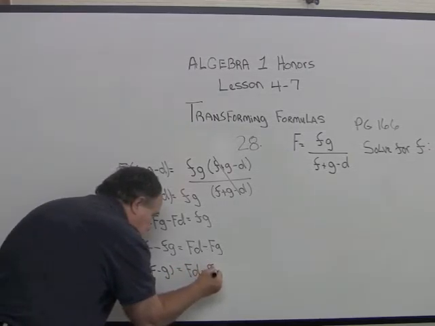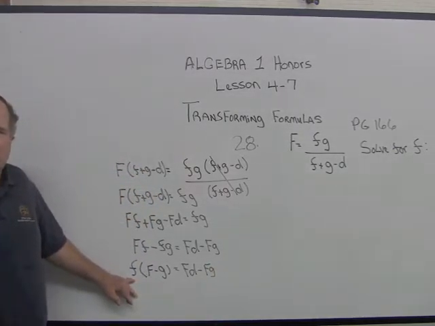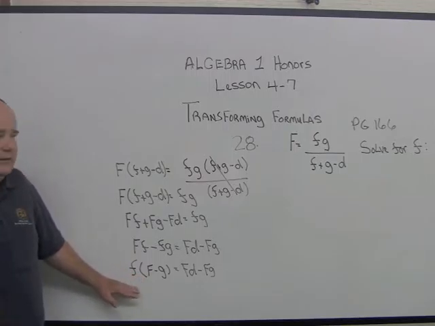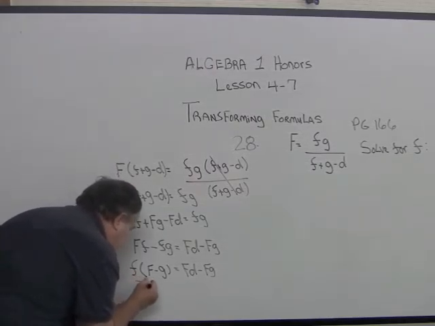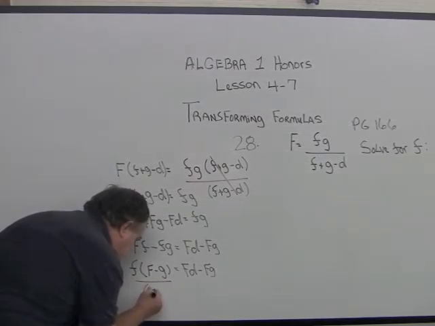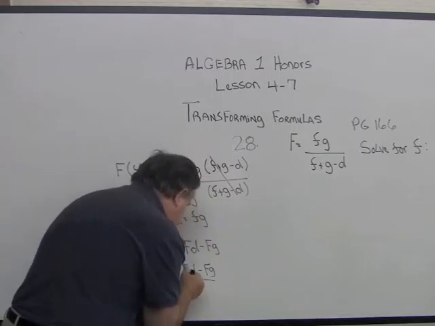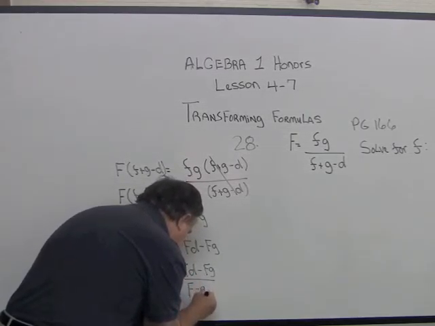minus FG. Now again, how do I get the f by itself? Because the f is being multiplied by big F minus g, all I have to do is the inverse operation, which is division, and divide by big F minus little g, on the bottom as well.